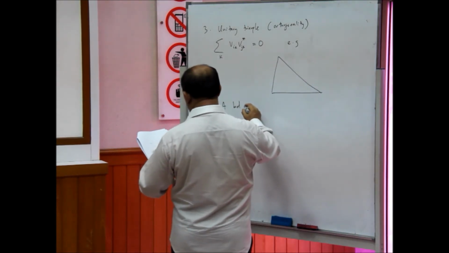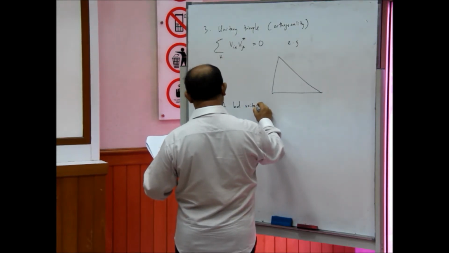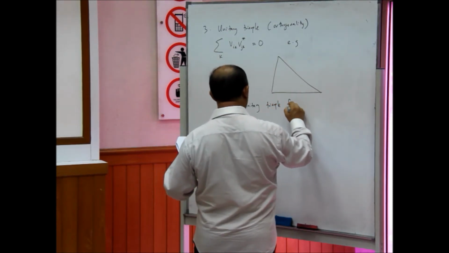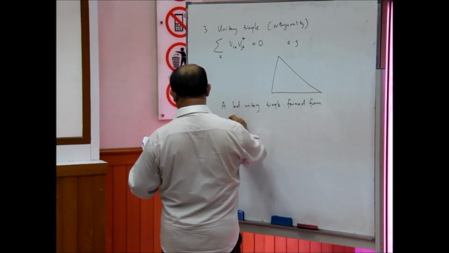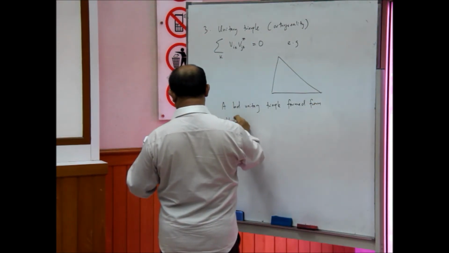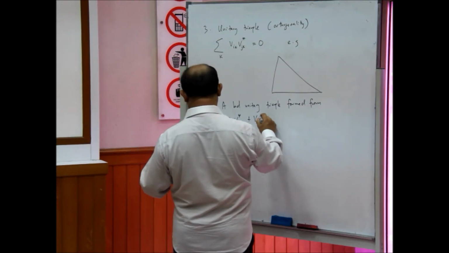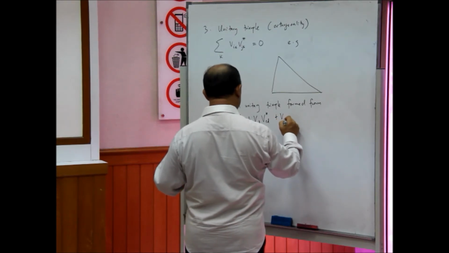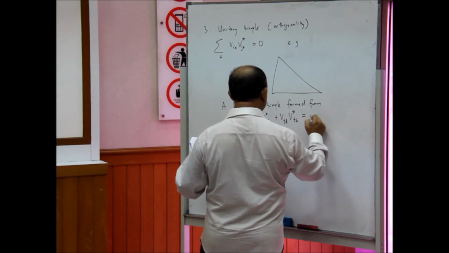So this is the BD unitary triangle, formed from, say, V_ud V*_ub plus V_cd V*_cb plus V_td V*_tb, and this equals 0.